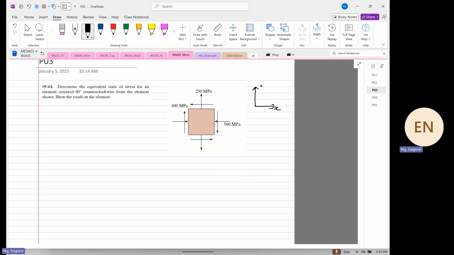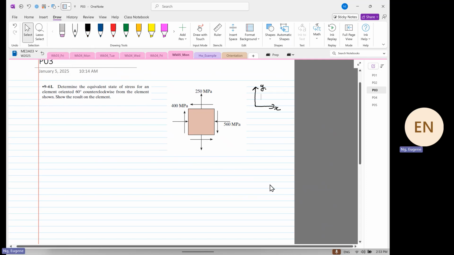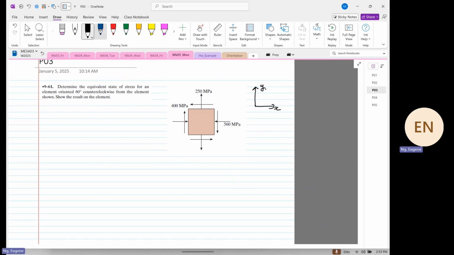This is your X, and this is your Y. So like before, you label this as your point X. You label this as your point Y, okay? Then I'm going to start rotating 60 degrees.